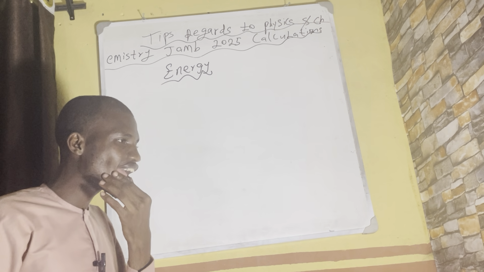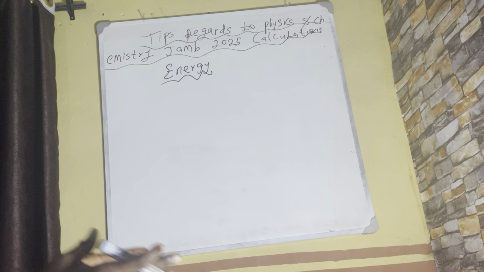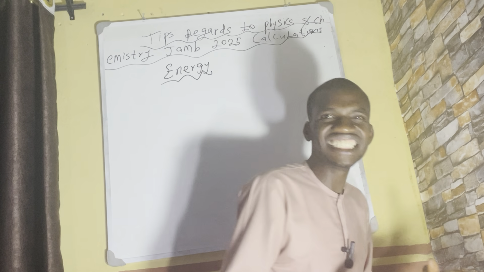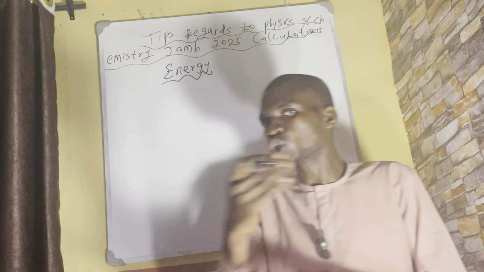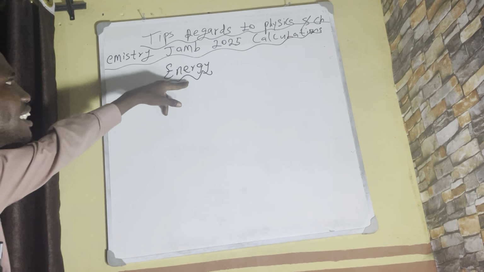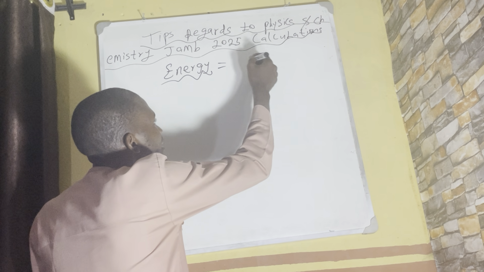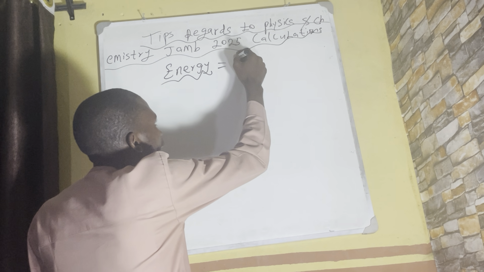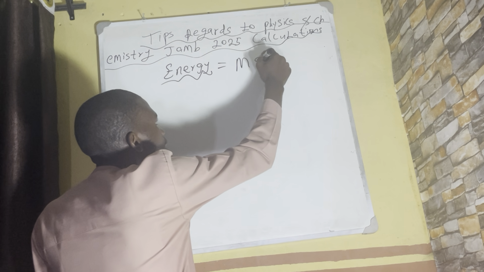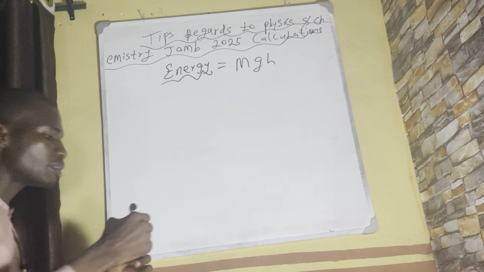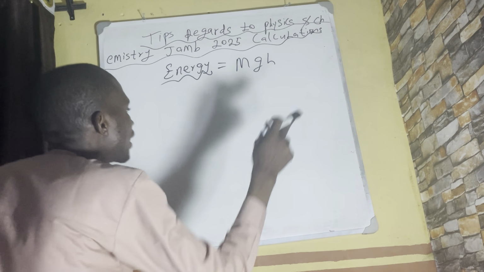But once you hear work done in a spring, or energy stored in, I will teach you that one. But single energy means multiply everything. Anything they give to you, you multiply. That's why you get mgh, because energy means multiplication of everything.